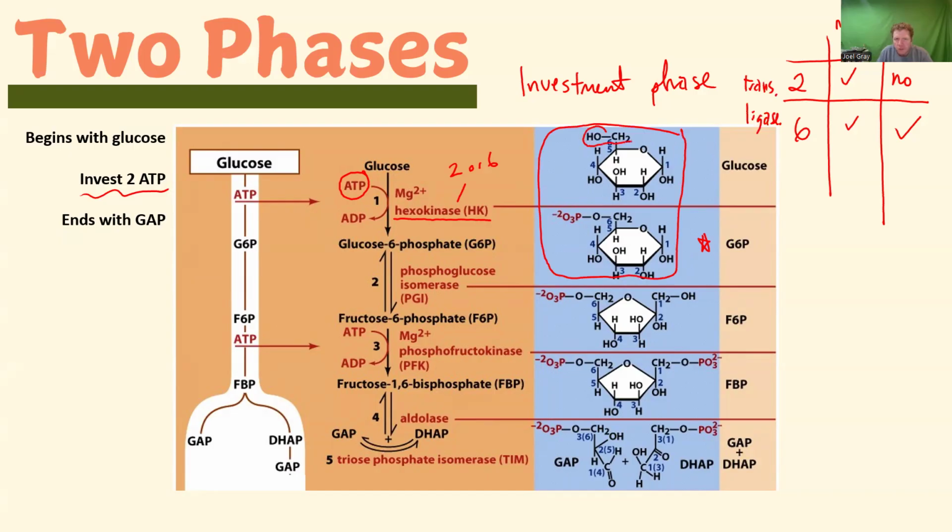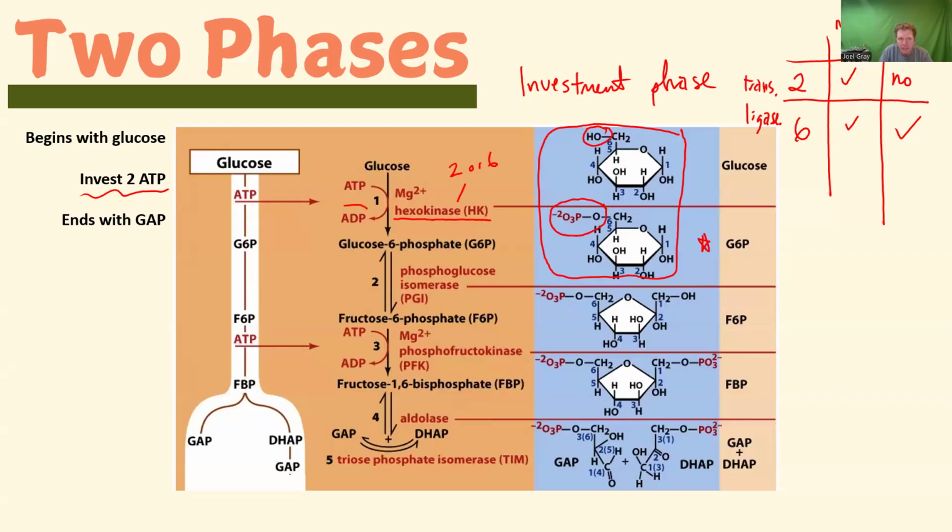Carbon number 6 on glucose has a hydroxyl group. Then hexokinase is going to take ATP and replace this hydroxyl group with OPO3. So you could say that I'm transferring the phosphate from ATP onto glucose to make glucose 6-phosphate.